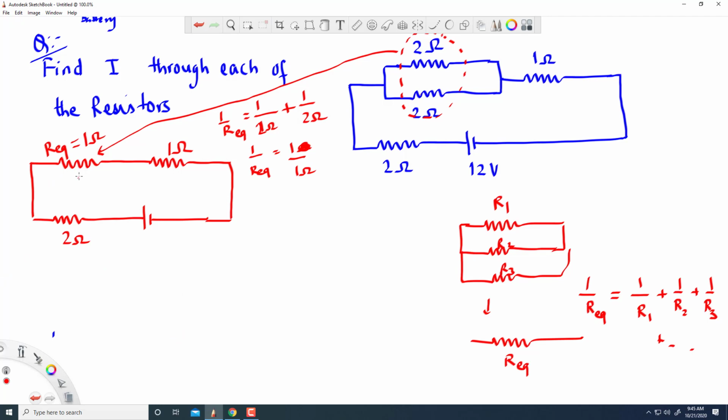And now this one, and this one, they are all in series. So let's now simplify this further. We can replace all these three by a single resistor because they are in series.